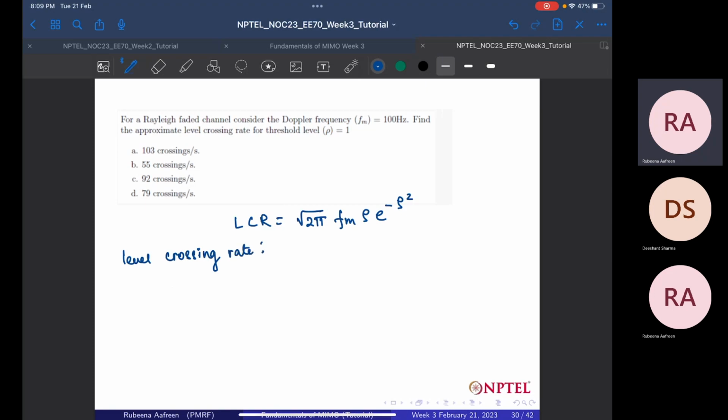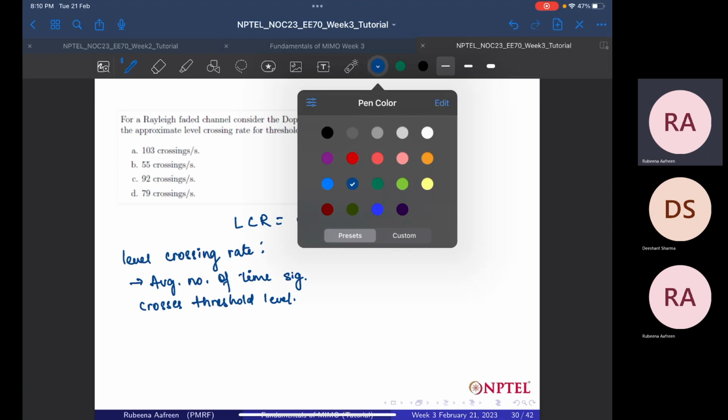So level crossing rate is the average number of times the signal crosses the threshold level. There is the formula for level crossing rate.